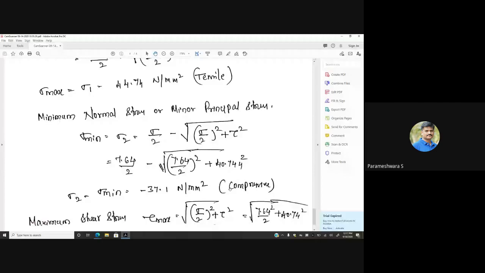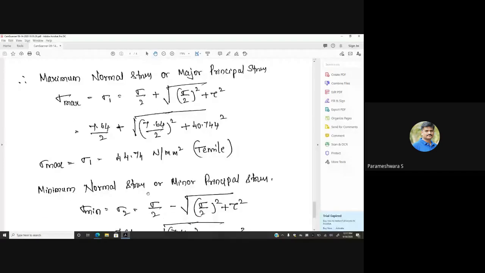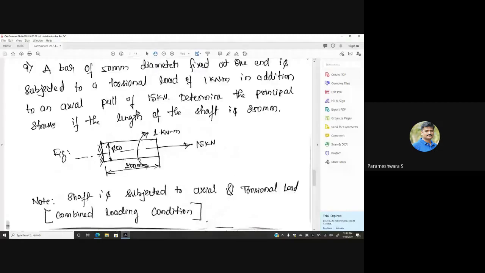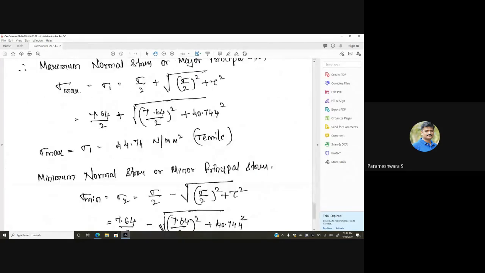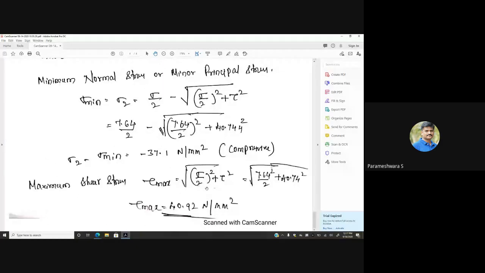This is the minimum stress induced in this body due to the axial force of 15 kilonewton and a torque of 1 kilonewton meter. Clear? And the shear stress you can calculate using the formula square root of (sigma by 2) square plus tau square. So the maximum shear stress induced in the body is 40.92 megapascal.